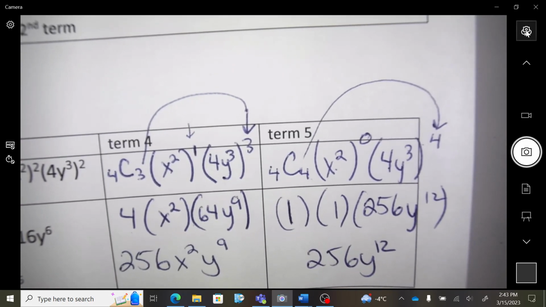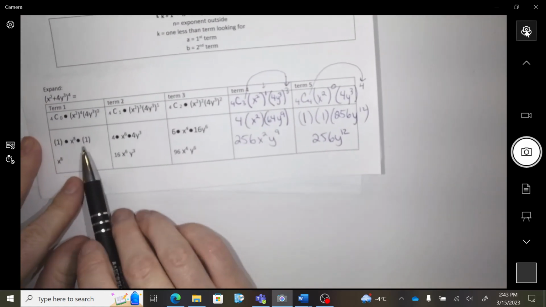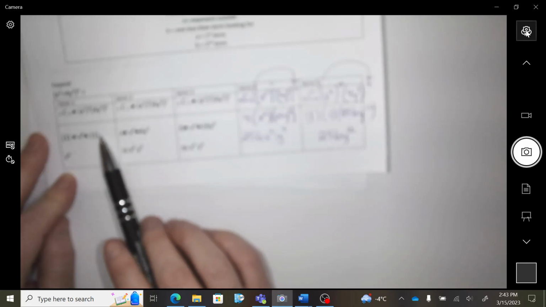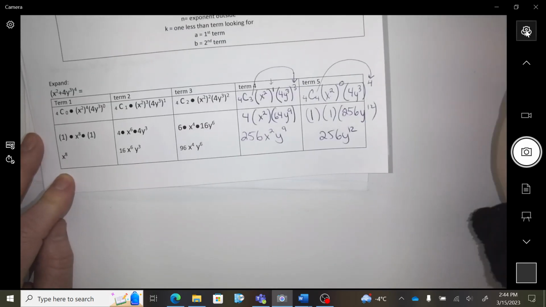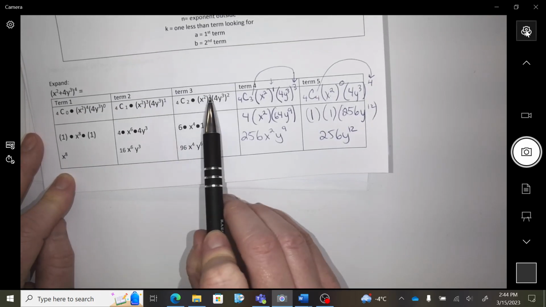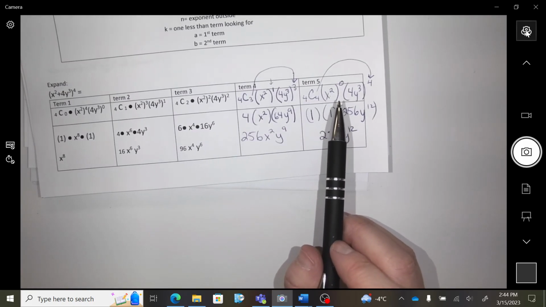Okay, so that's the gist of it. So you could see how I went along. Do you see the pattern? I wrote a bunch in here so you can kind of see the pattern. So this exponent started at 4, 3, 2, 1, 0, just like how we started with our x. It went down.